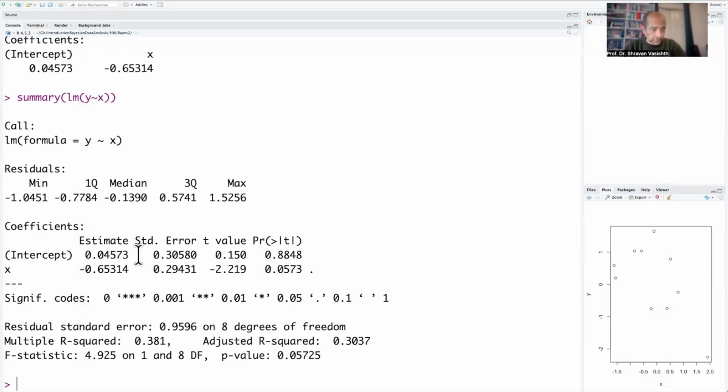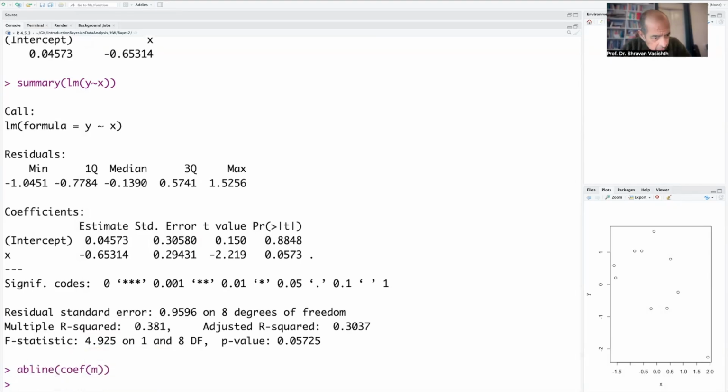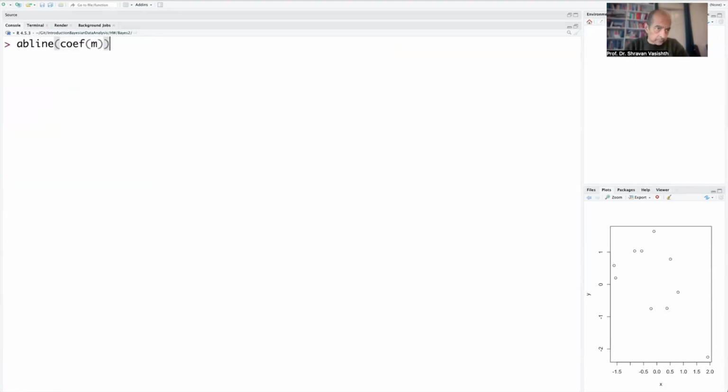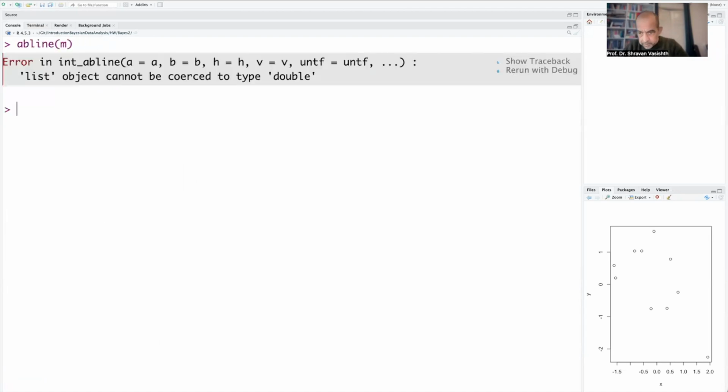So if I fit an ab line, would this work? I've forgotten if this would work. I haven't done this for a long time. How do I fit this? Was it like this? a and b. Oh, I see. So I have to do something like that.